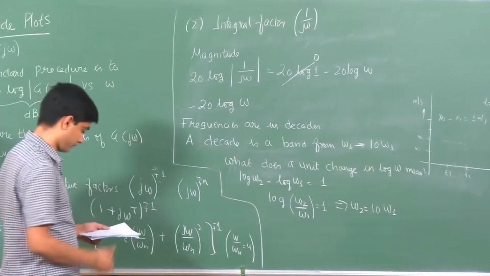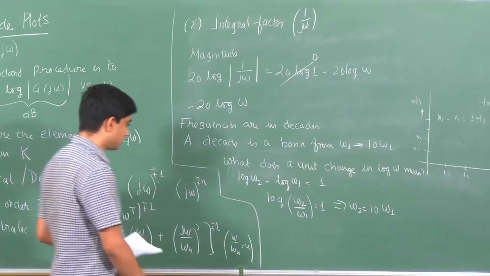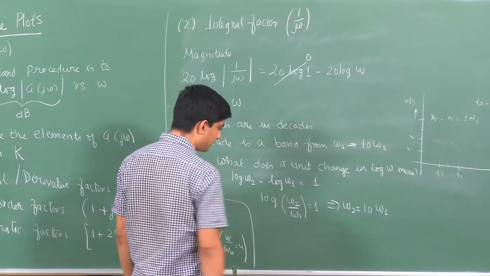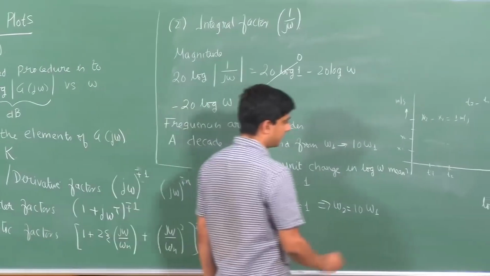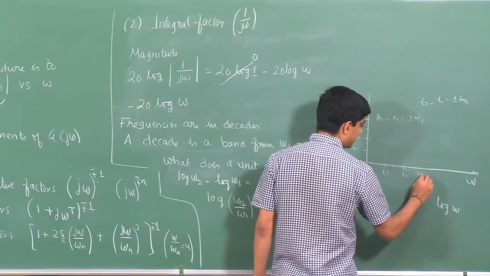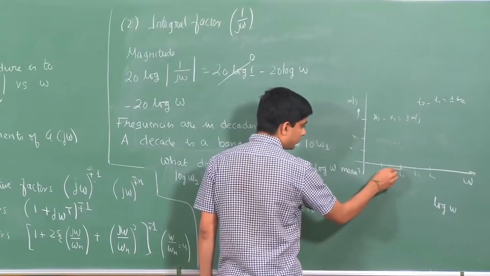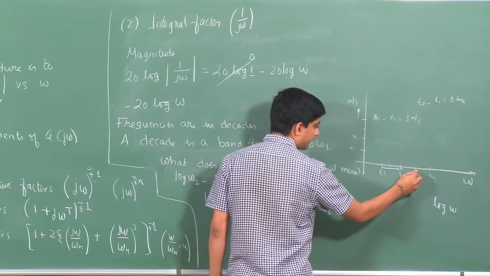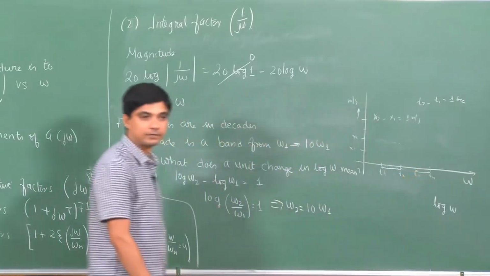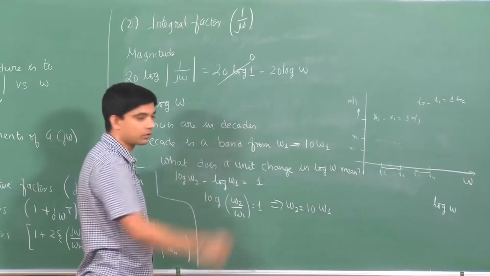So which also means that if I say this is T3, T4 and so on, the distance between T2 and T1, which is 1 second, is also the same between T4 and T3, right? All the graph is drawn to that scale.